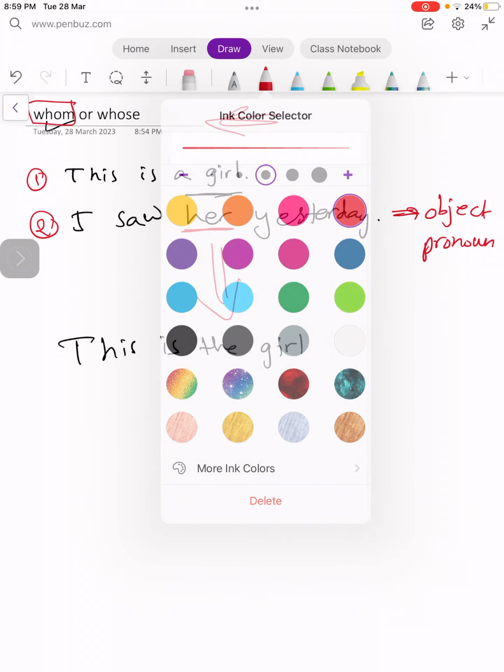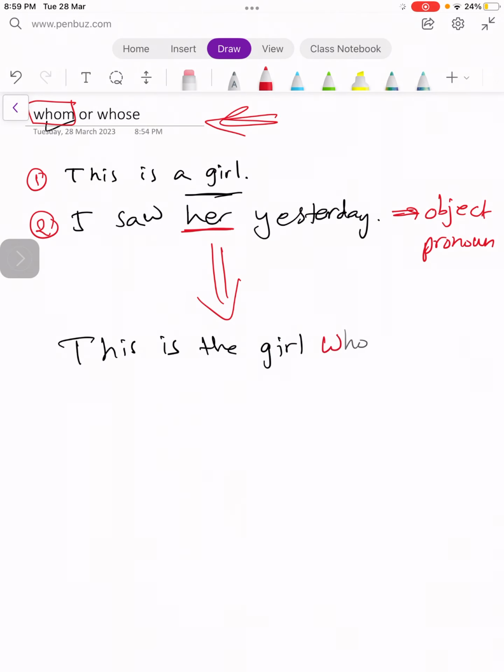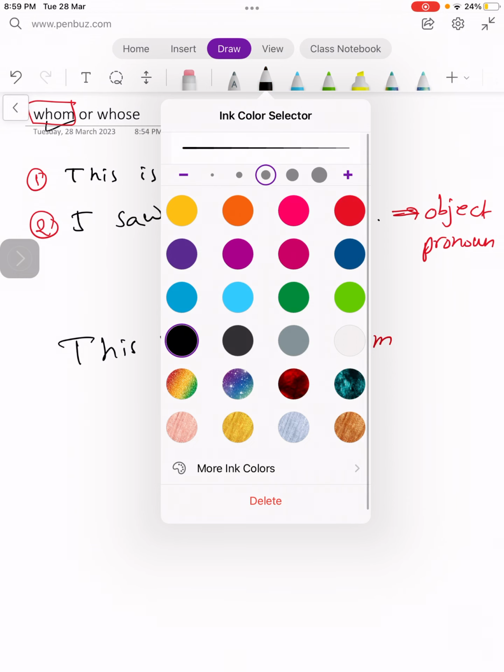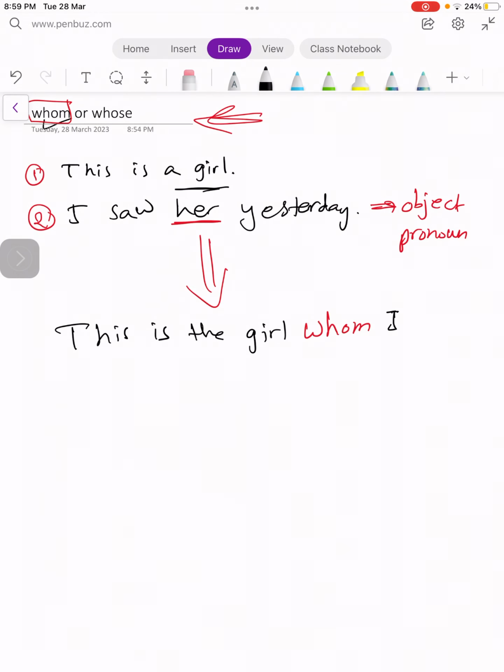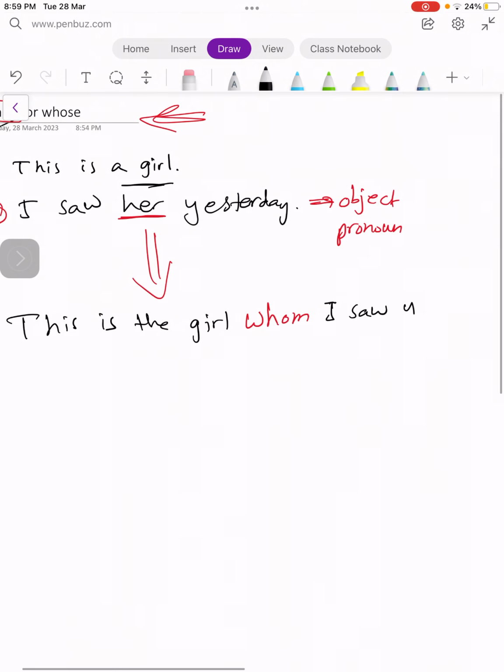So I'll add whom here. Whom. And now I'll complete the sentence. Whom I saw yesterday. Okay.